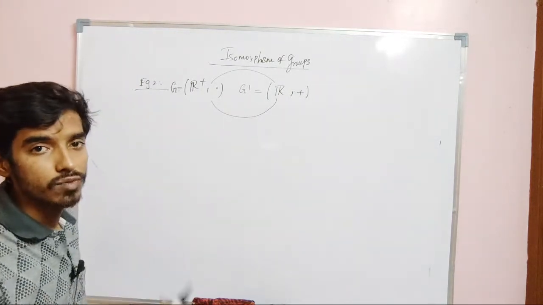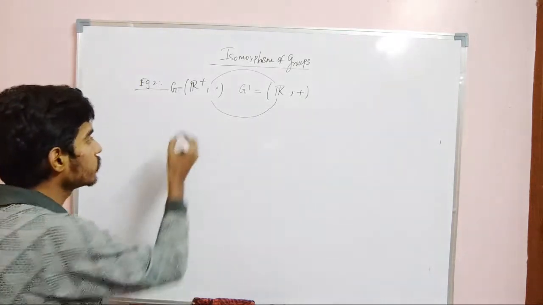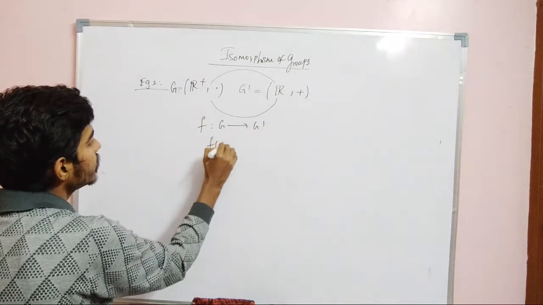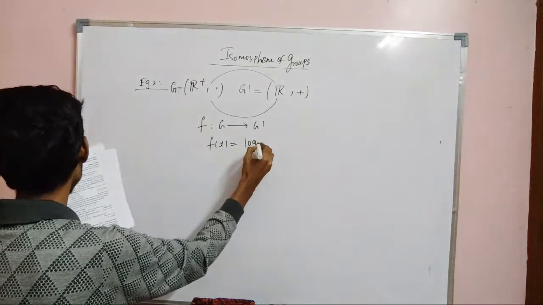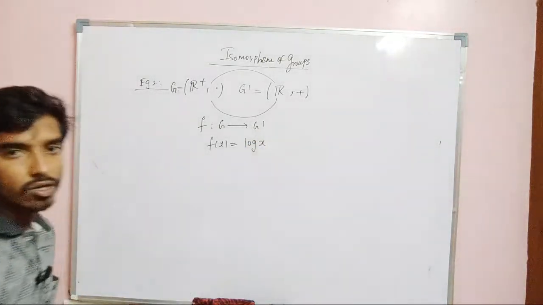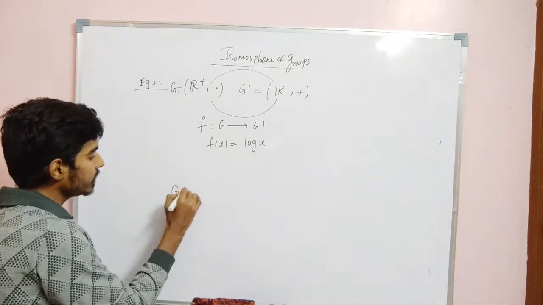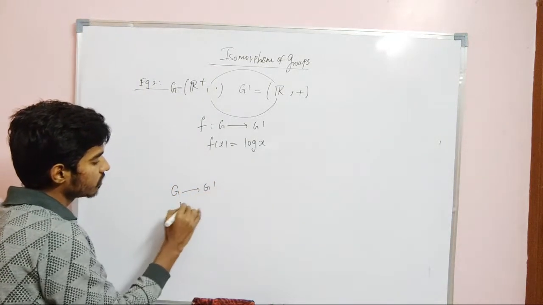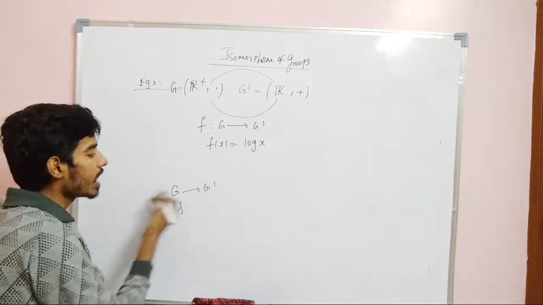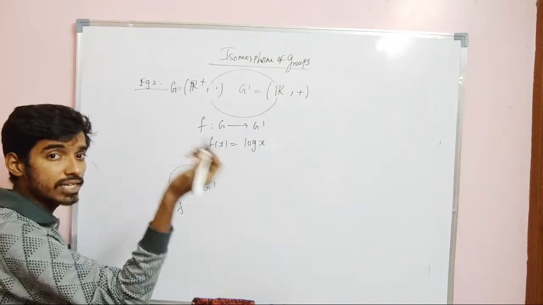So what is the inverse for e power x? It is log y, right? So the map f from G to G dash defined by f of x equal to log x is an isomorphism. From this what you can conclude is, if there exists a map f from G to G dash which is an isomorphism, then automatically there exists a map from G dash to G, that is the inverse mapping of f.